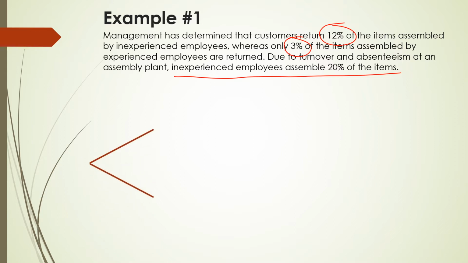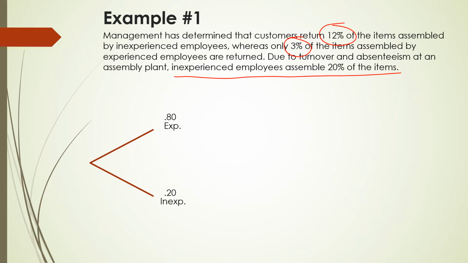So we're going to start with a bracket. And that bracket is going to consist of experienced employees versus items assembled by inexperienced employees. And so we're going to draw the percentages that we do know. We know that 20% of the items are made by inexperienced employees. Therefore, 80%.